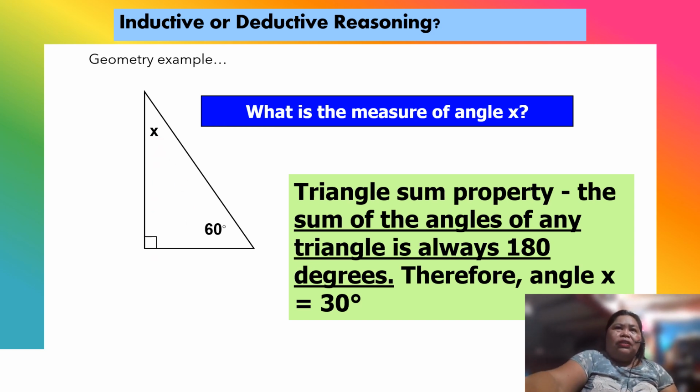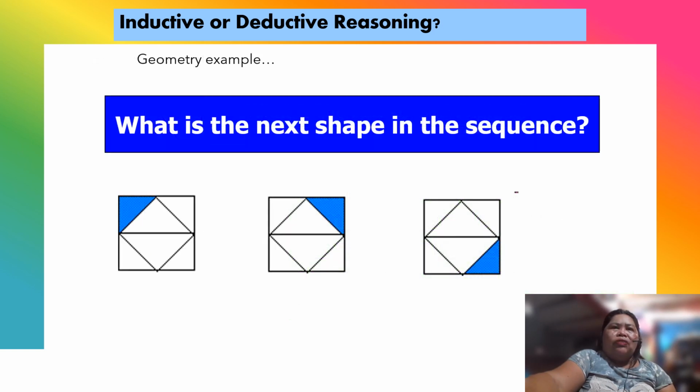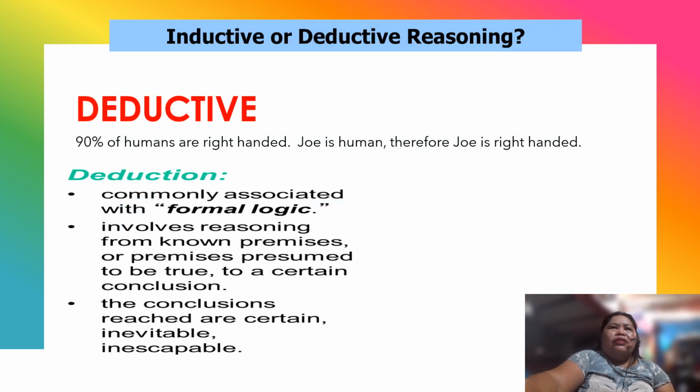So what type is that? Is that inductive or deductive reasoning? Another example: what is the next shape in the sequence? We have triangle, triangle, triangle. So what will be the next?